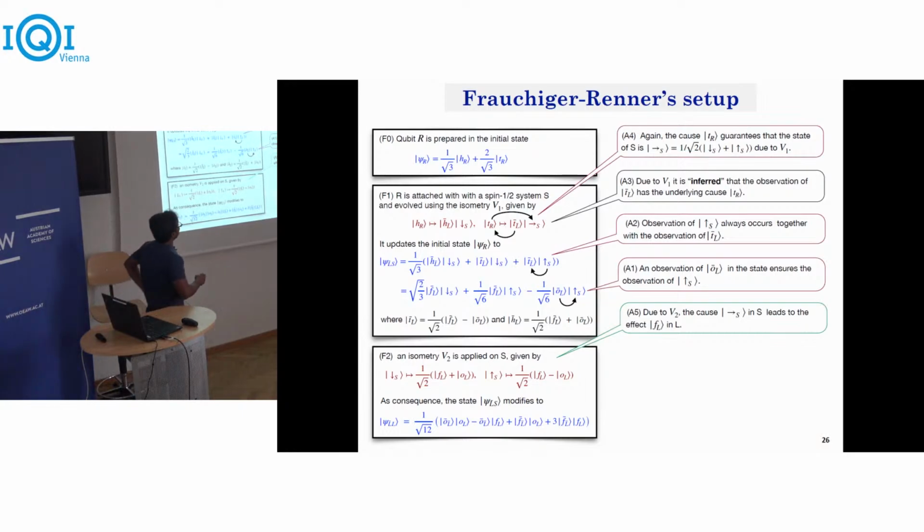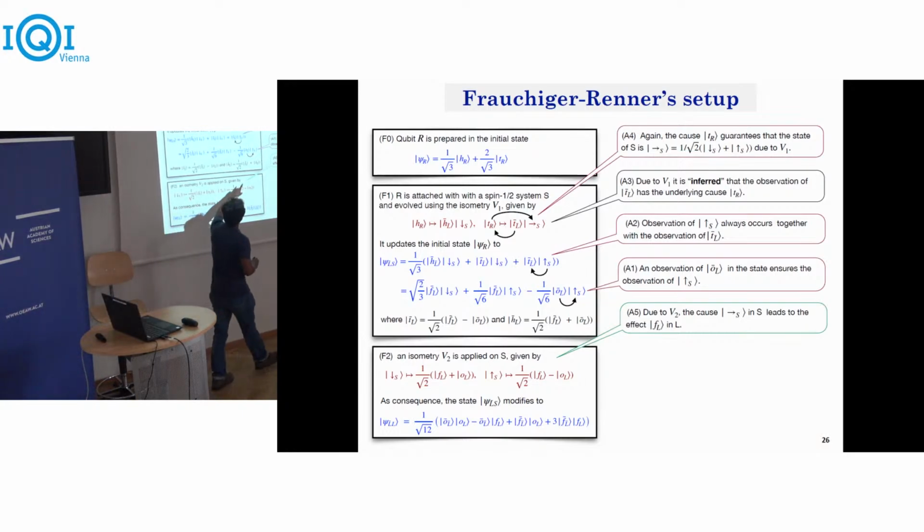So in total, what it says is that whenever you observe this OL bar, although it will be observed, let's say, with 1/6 probability, whenever it clicks on my detector, I can, at least following this argument, deterministically say that it has to be associated with FL. There is no other choice.